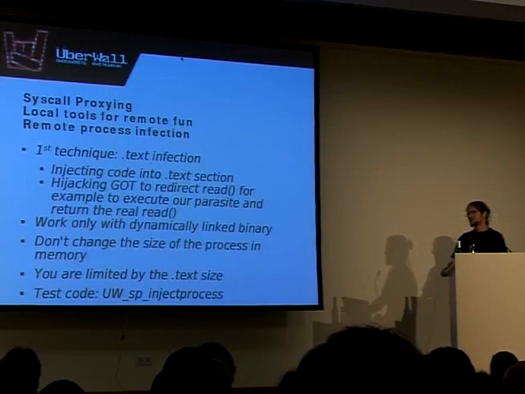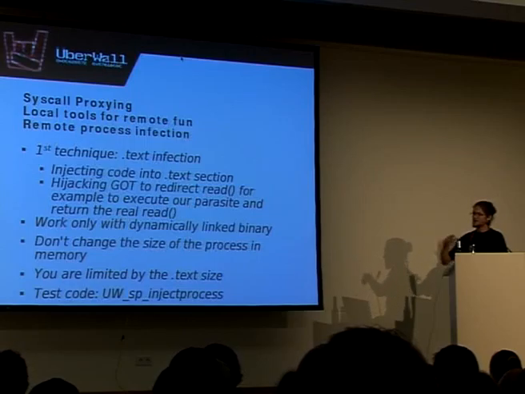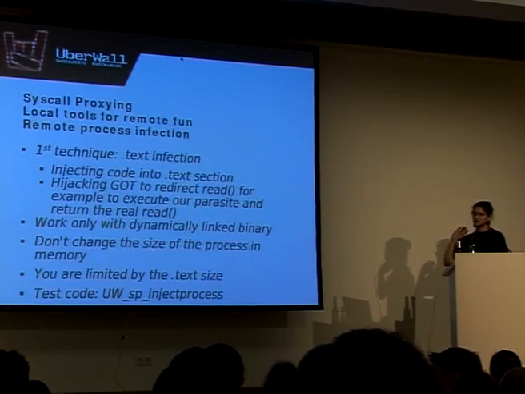And the cool stuff, it doesn't change the size of the process. So yeah, that's more or less stealth. The only way to spot it is using tools like memfetch or similar to copy the running process and look around. The only problem is that you are really limited by the .text size, because in my experimentation that's around 200 to 300 bytes only.